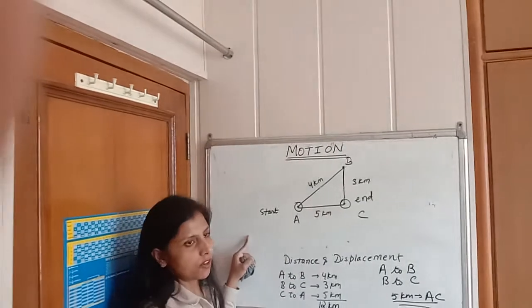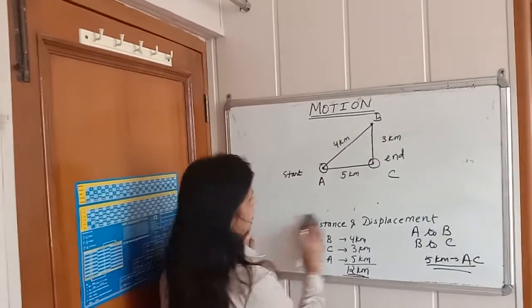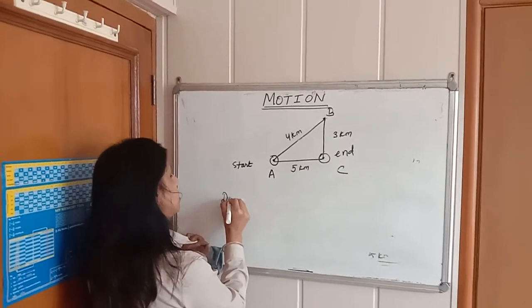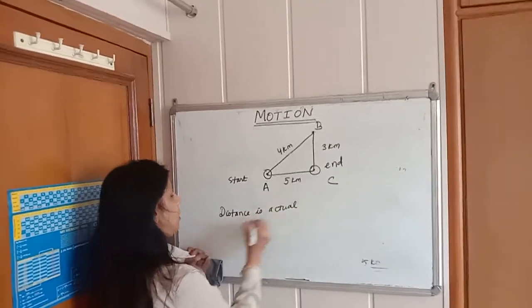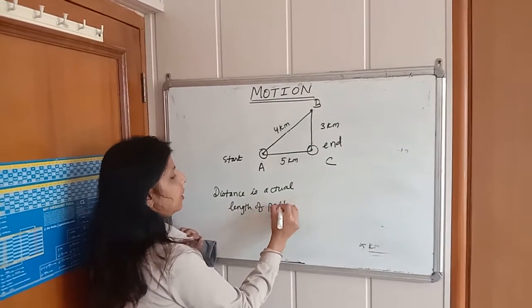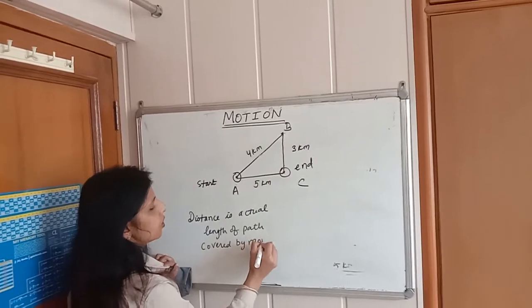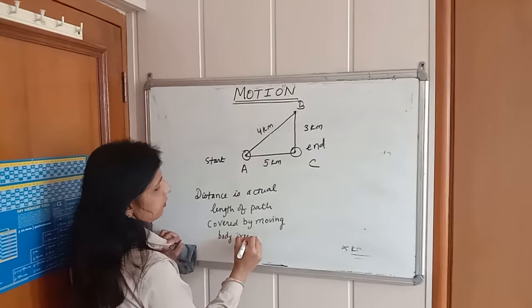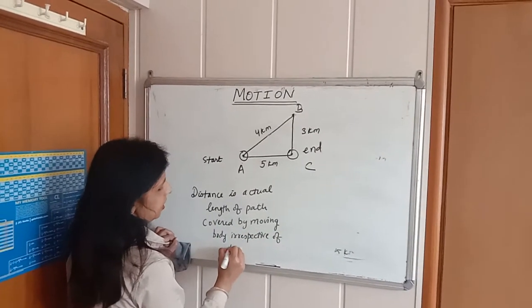So how can we define distance and displacement? Distance is the actual length of path covered by a moving body irrespective of its direction.